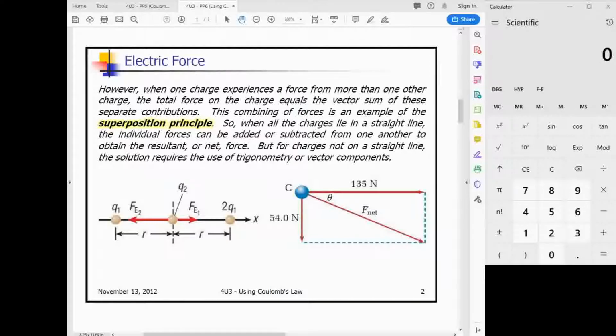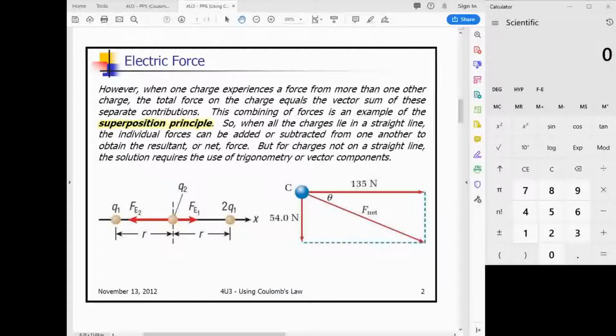So the superposition principle basically means that if we have a charge that's experiencing forces from other charges, the net force on that single charge is the vector sum of the separate electrostatic forces.